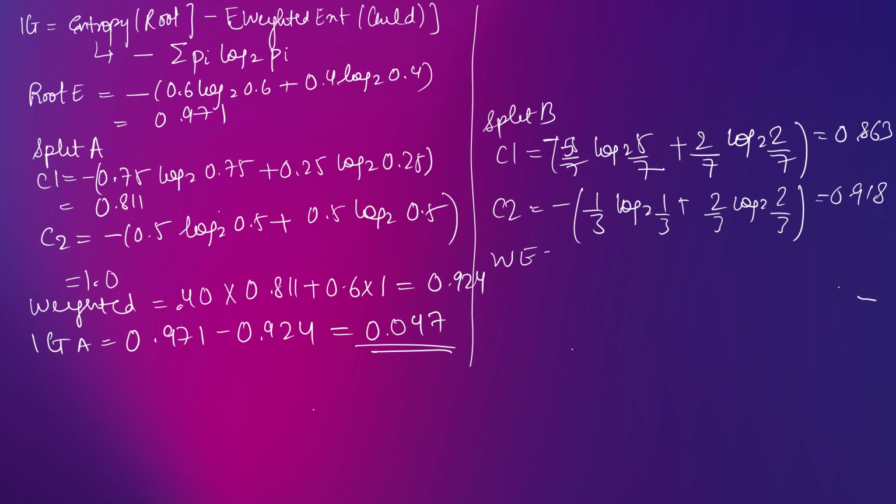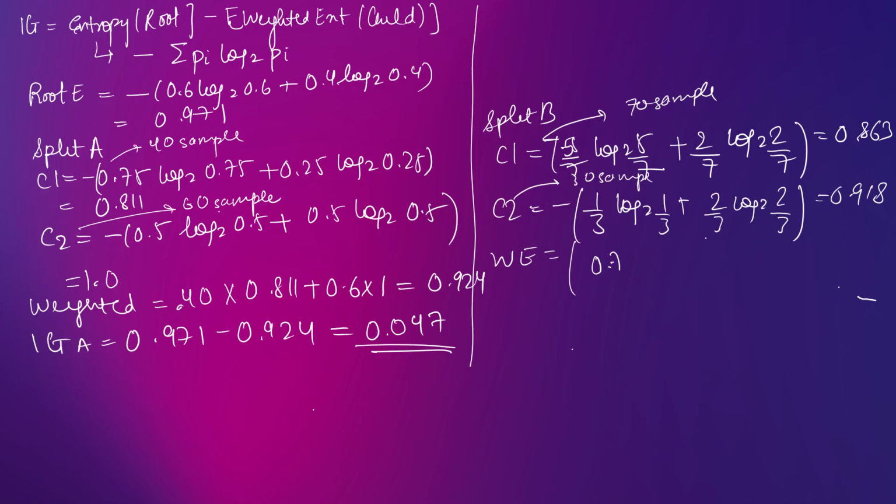For your weighted entropy, in split A child 1 you had 40 samples and child 2 you had 60 samples, and based on this your weighted entropy was calculated. Similarly, here for child 1, you have 70 samples, child 2 you have 30 samples.